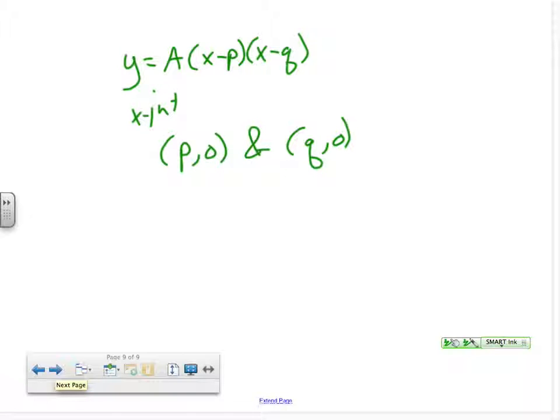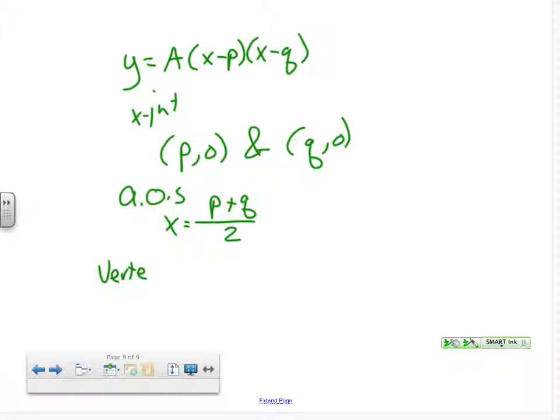And we can find our axis of symmetry simply by averaging those. P plus q divided by 2. And if you want to find your vertex, you're going to plug in your axis of symmetry into the equation. Simply plug and chug. You already know your x value. Calculate your y value and you can plot it.